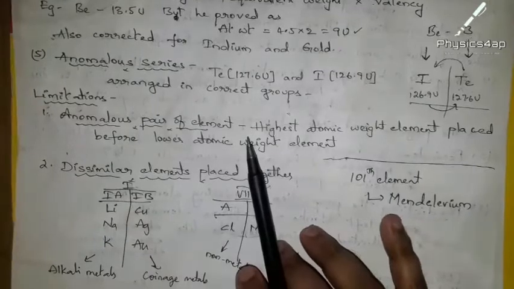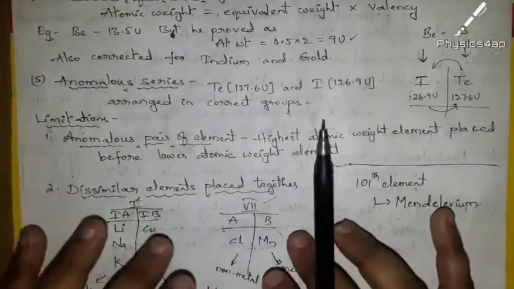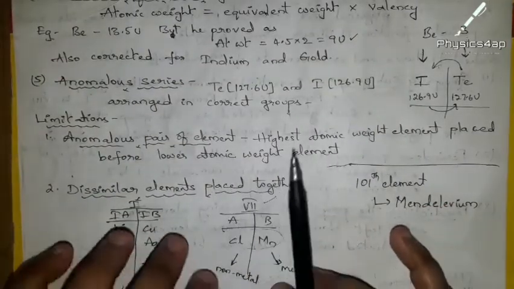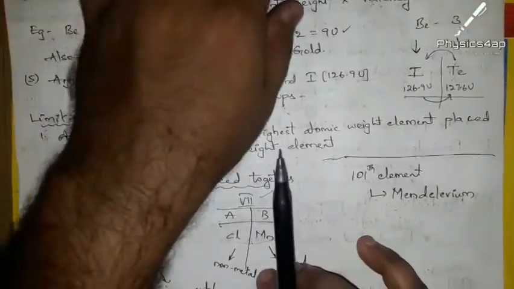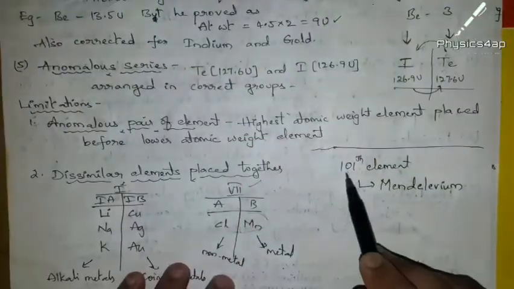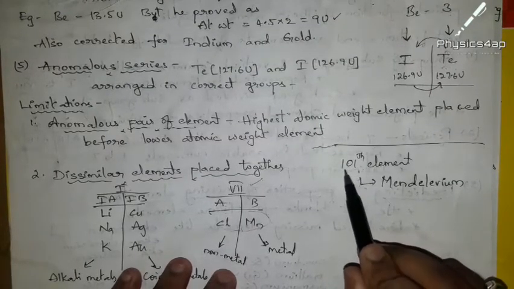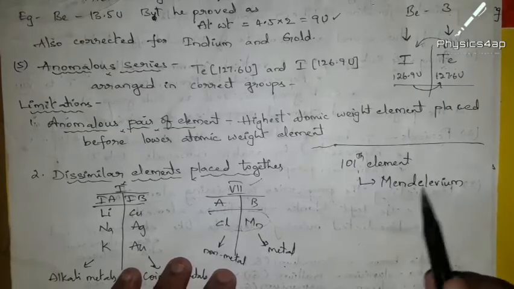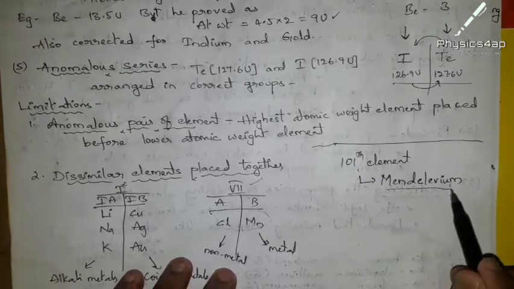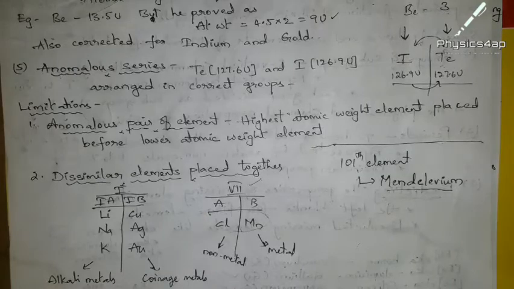So almost, he was successful in placing the elements in the periodic table. On account of his success, some scientists named the 101st element in his honor: the 101st element was named Mendelevium.